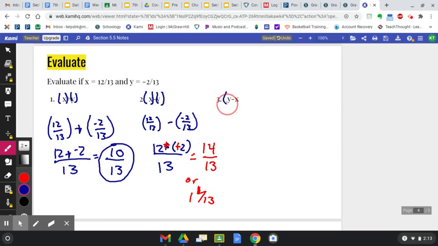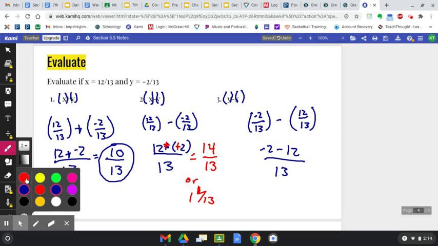So one more example here. So we have y minus x. So y goes first, which is negative 2 over 13. And x goes second, which is 12 over 13. Again, common denominator of 13, negative 2 minus 12.